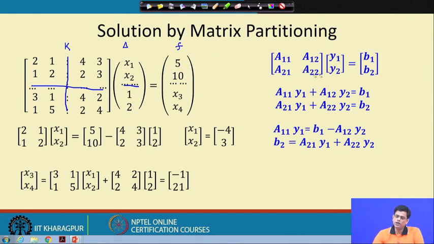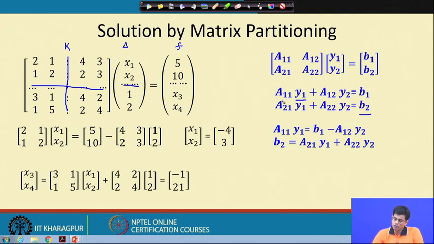Now, if we write this system of equations in block format, it is A11 Y1 plus A12 Y2 equals B1, and A21 Y1 plus A22 Y2 equals B2. Here Y1 is unknown and B2 is unknown. We know Y2 and B1.